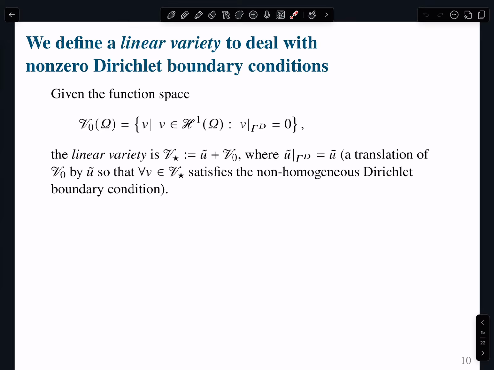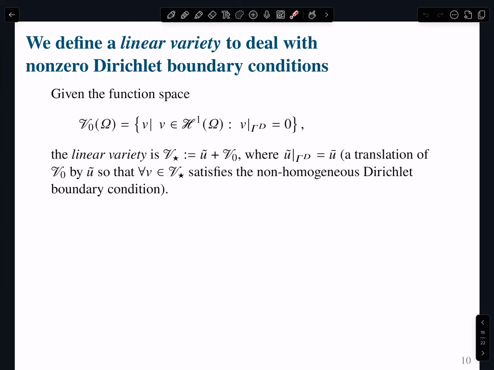And we have to talk a little bit about this because there is a little subtlety that we need to address. Remember, the idea is that we are going to pick these functions, the function u and the function w, from the same space. Well, in the case of non-homogeneous boundary conditions, they cannot be from the same space.